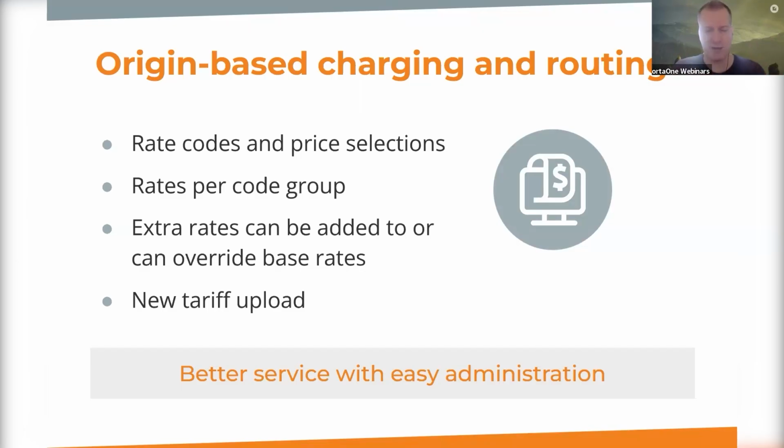Now it's explicitly on the web interface. There is a default price selection rule, which includes support for this base and extra rates. There are price selection rules for peak and off-peak charging, because if you have different prices for peak and off-peak hours, that would also be covered by a price selection rule. So that's another new feature, which is part of origin-based charging.